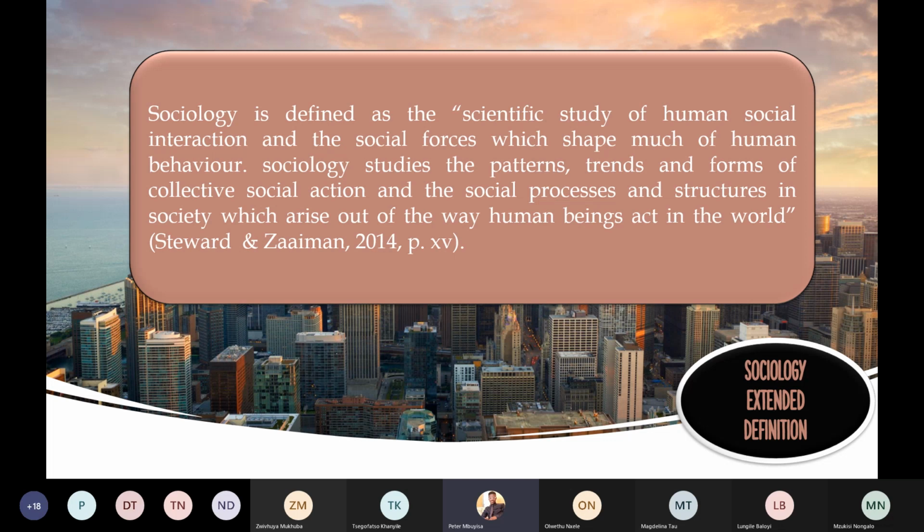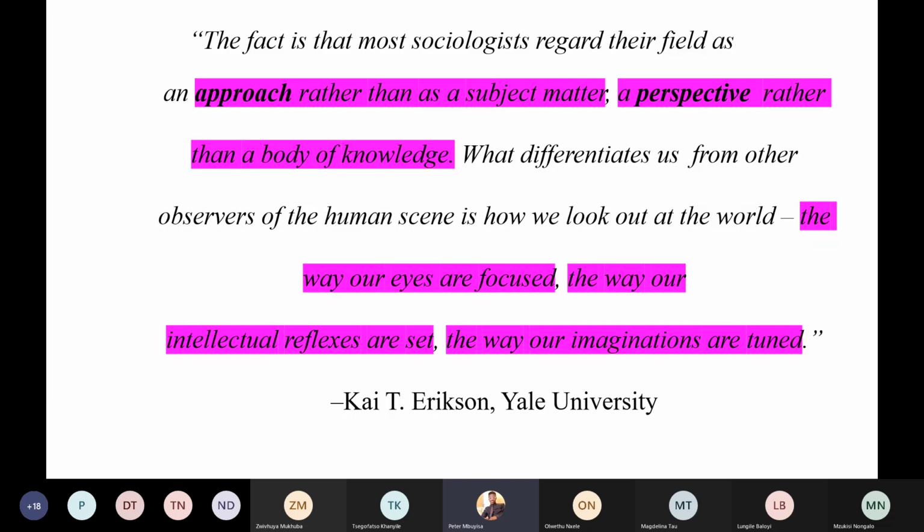Now, just a key point for us to remember is that we referred to Erickson's quote last week, and I'll always remind you of this.